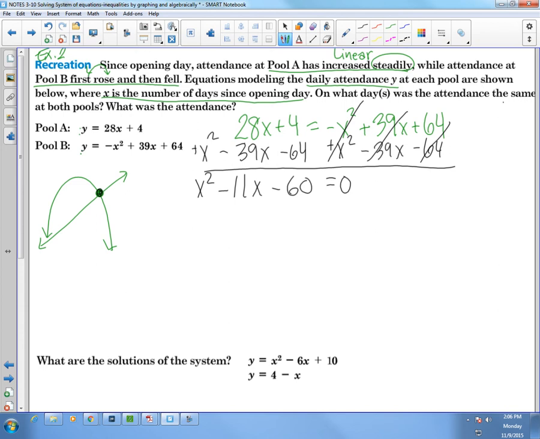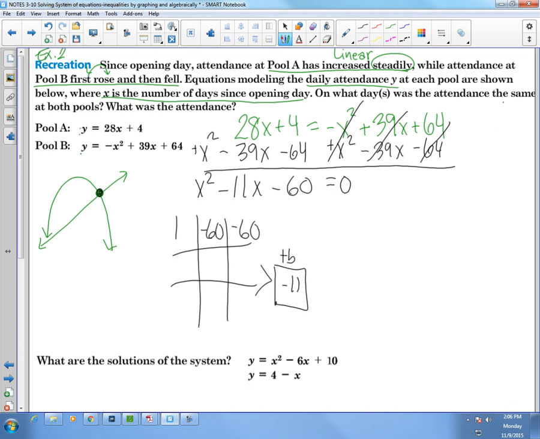Okay, what's the easiest way to solve a quadratic, if it's a nice one? Tic-tac-toe. So let's see if it's a nice one. Maybe, maybe not. 1 times negative 60, and we have to add to how much? Negative 11.